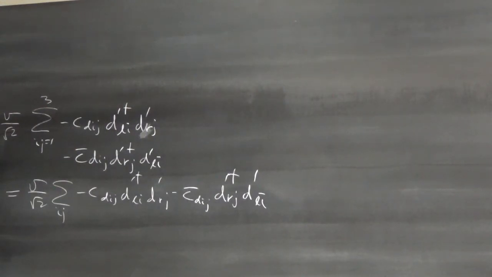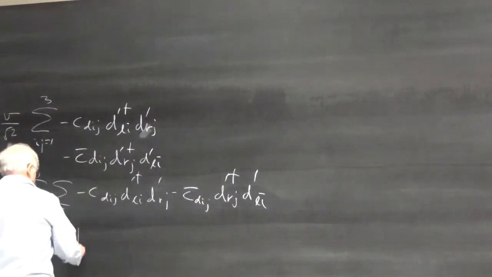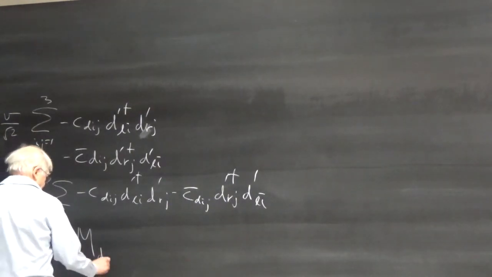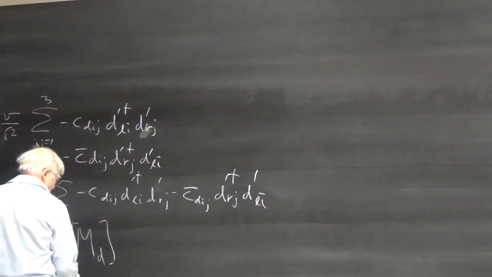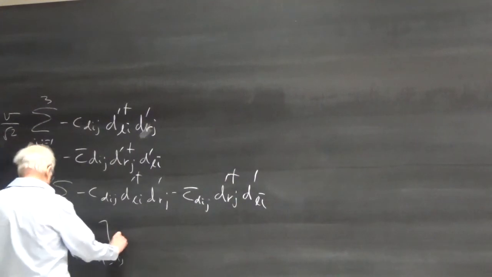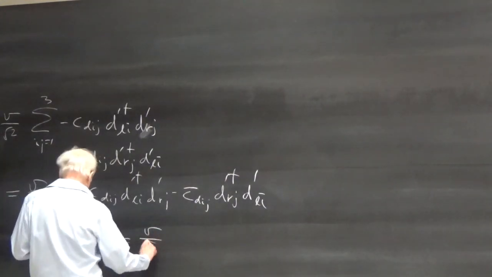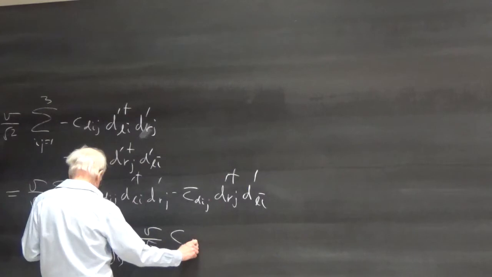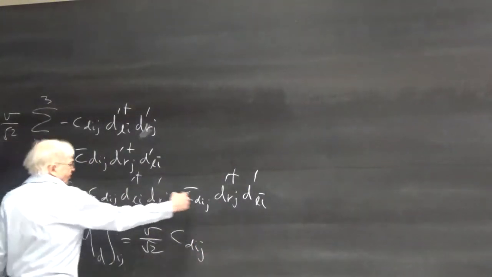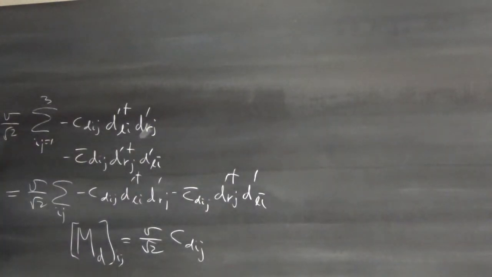Okay, for some reason on the notes I had it written twice. So this gives a 3x3 mass matrix, the down mass matrix, and the entry for the ith row and jth column is v over root 2 C D ij. Remember, it's this whole thing that gives you a direct mass.